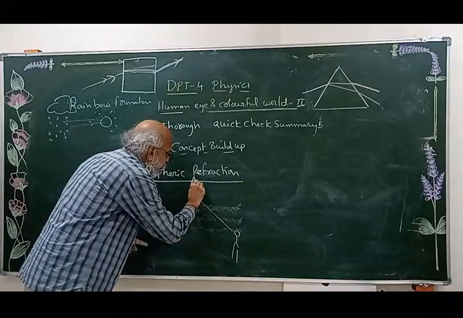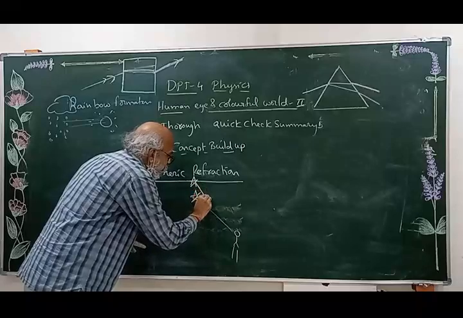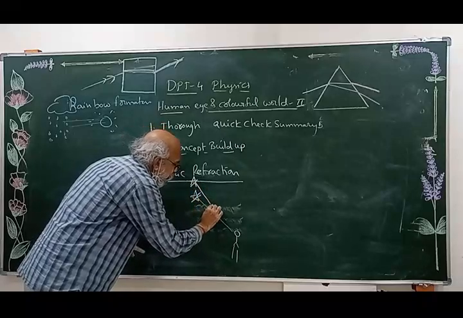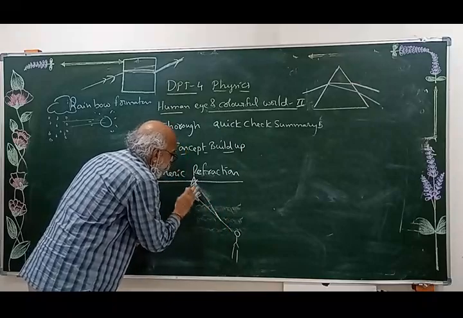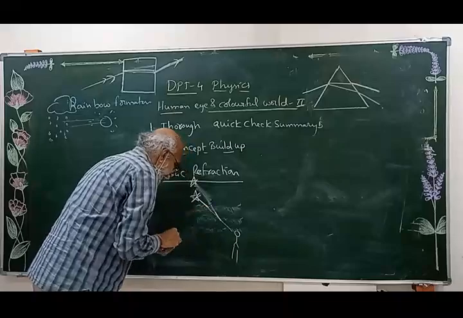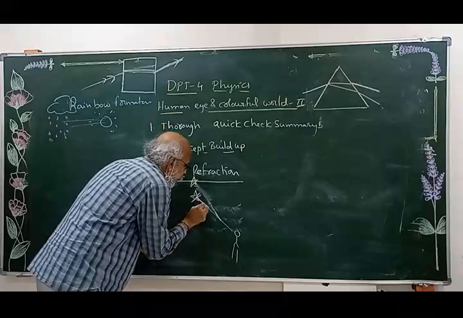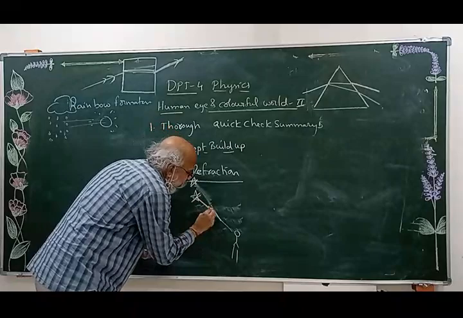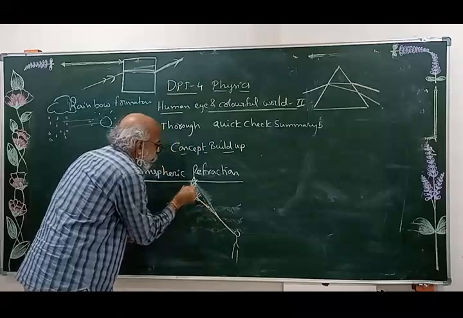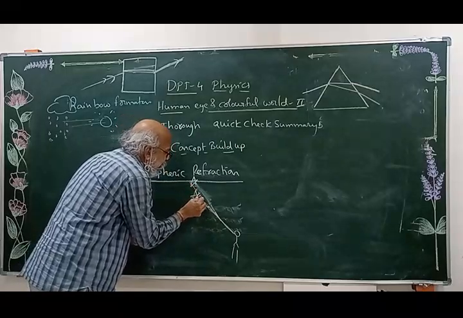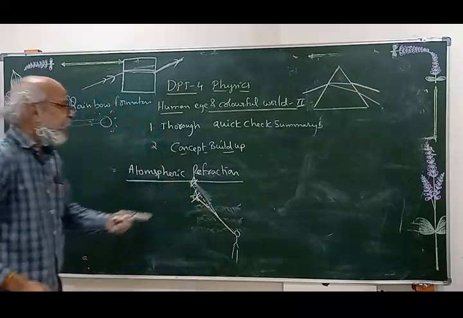The light ray coming from the star will undergo refraction and bend like this. This should be carefully emphasized. The ray coming from the star will undergo bending and reach your eye. Upon extending, it appears to be present slightly above its original position.